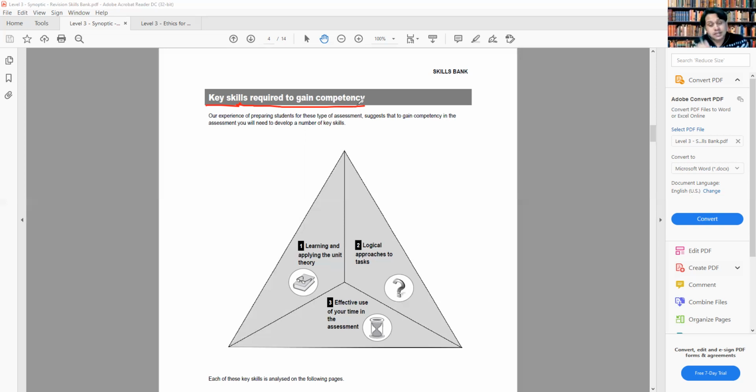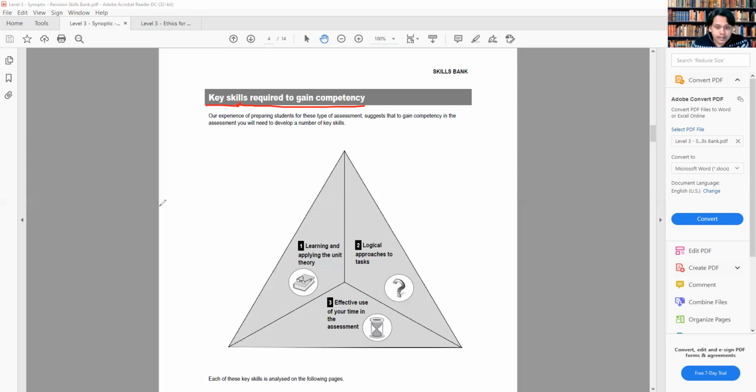Time management is really important, because if you don't have a time management system in your plan, maybe you know the answer but you will not be able to answer all the questions. It's very important.